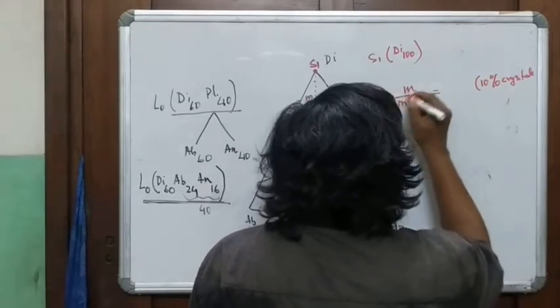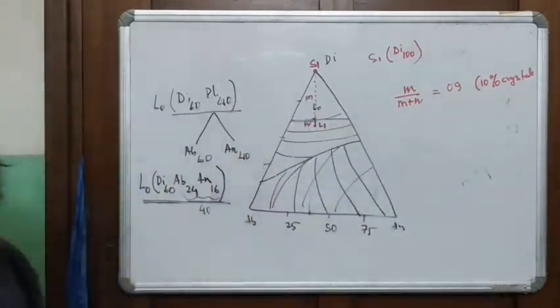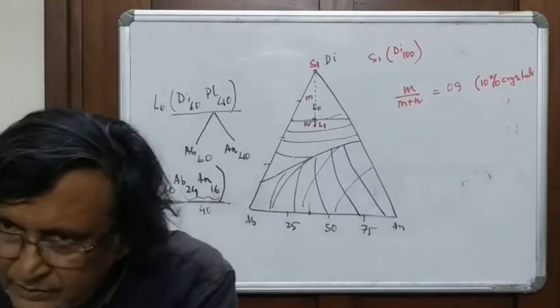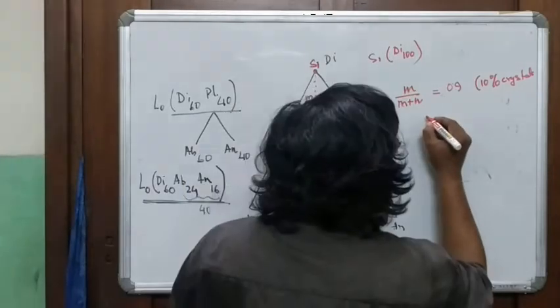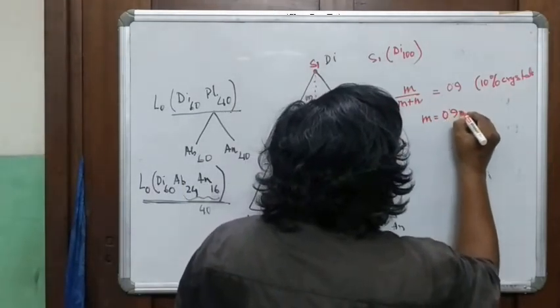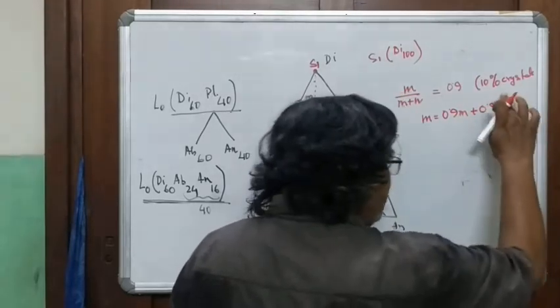So M divided by M plus N should be equal to 0.9, because 10% crystallization has occurred. So 90% is melt. So now M is equal to 0.9 M plus 0.9 N. I have done this before. It's the same thing.